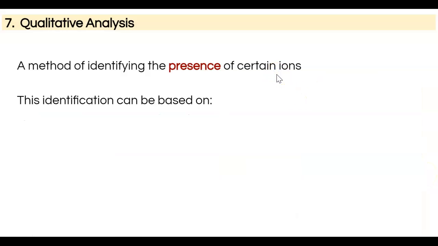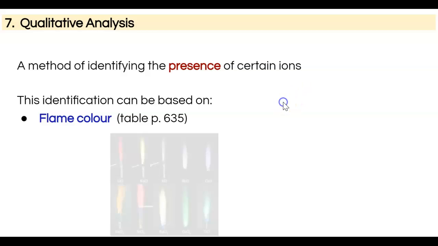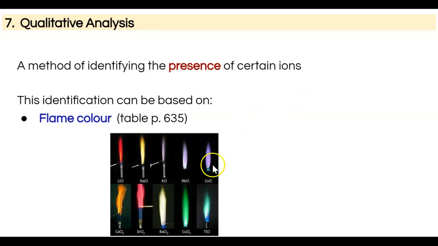Moving right along, let's think about some other ways that we can identify the presence of certain ions. I want you to think back to one of our first experiments in this class where we did flame tests. We could identify what a particular metal ion was based on the color of the flame. Most of you will remember the lithium and the strontium being those beautiful reddish colors, reddish and like a fuchsia color.